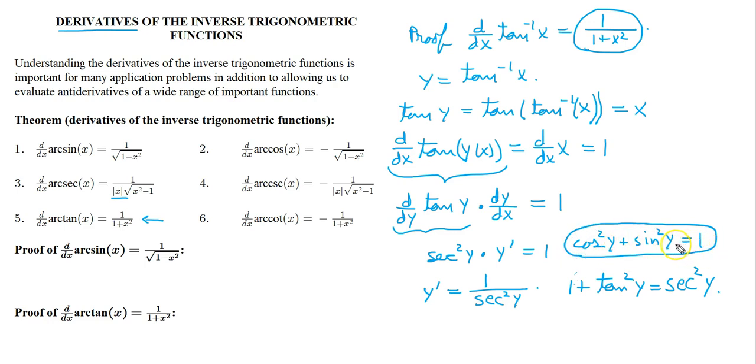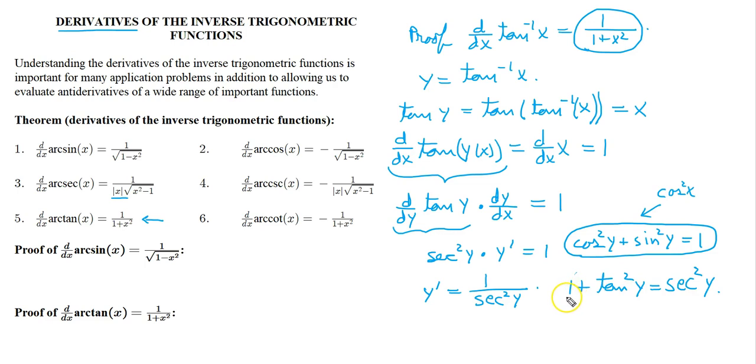That's our Pythagorean trig identity. Sine squared plus cosine squared is 1. And the way you get this identity from this one is by just dividing everything here by cosine squared x. So cosine squared divided by cosine squared will become 1. Sine squared over cosine squared will become tangent squared. And 1 over cosine squared becomes secant squared. So that's how you get this identity.